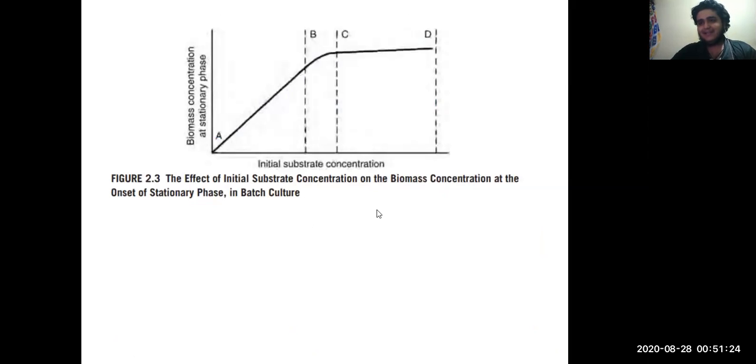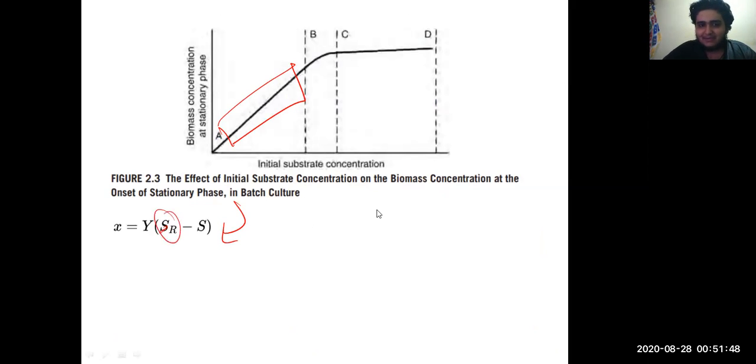So at the end of the day, Jacques Monod just explained to us how this substrate limitation can affect the cessation of the growth. He quantified that with his empirical formula. So if you see from region A to B, right? So this is a straight plot, and then we have this equation, and we have seen another form of this equation earlier. Here just that SR is the residual substrate concentration, S is the initial substrate concentration.